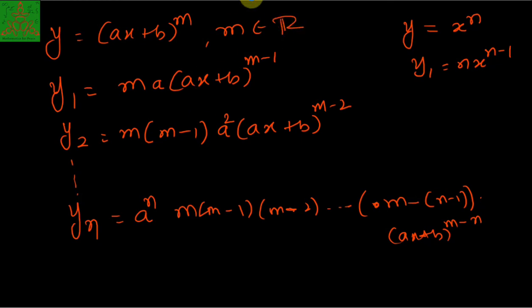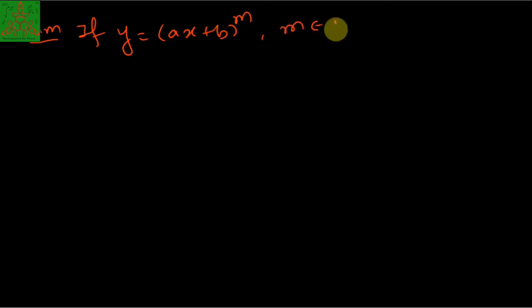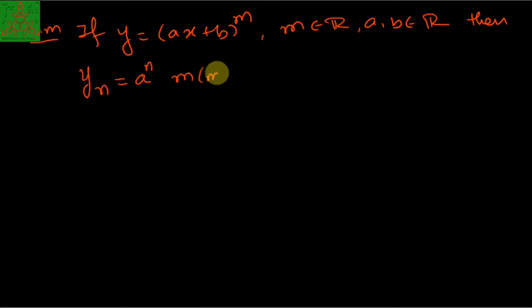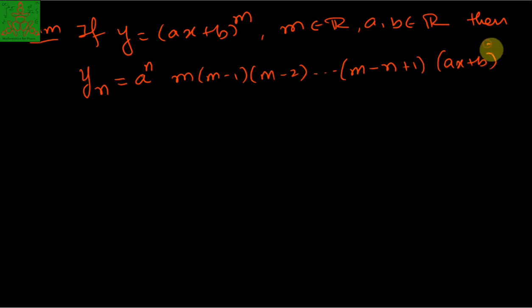So ultimately the statement we can make is: if y is ax plus b power m, where m belongs to R and a and b also belong to R, then yn is a power n, m into m minus 1, m minus 2 up to m minus n plus 1, ax plus b power m minus n.